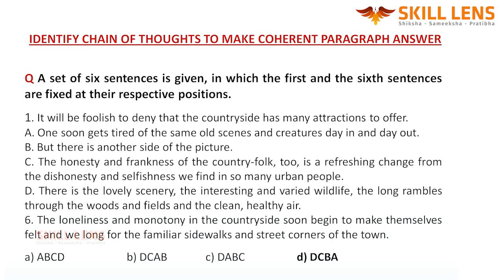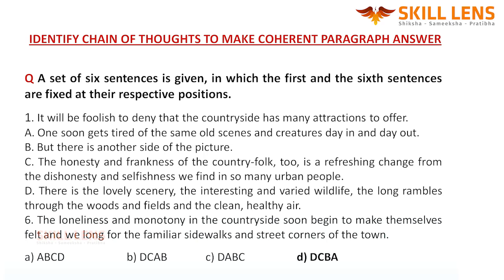If you read through the sentences, you will understand why we have paired sentence D with sentence 1. Sentence 1 introduces the idea that will be discussed in this paragraph. It talks about what the attractions are in the countryside. It is a general statement made. It is an introductory statement.